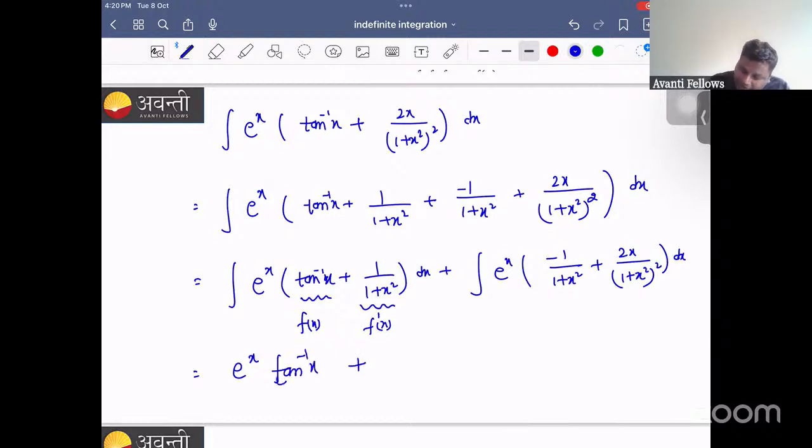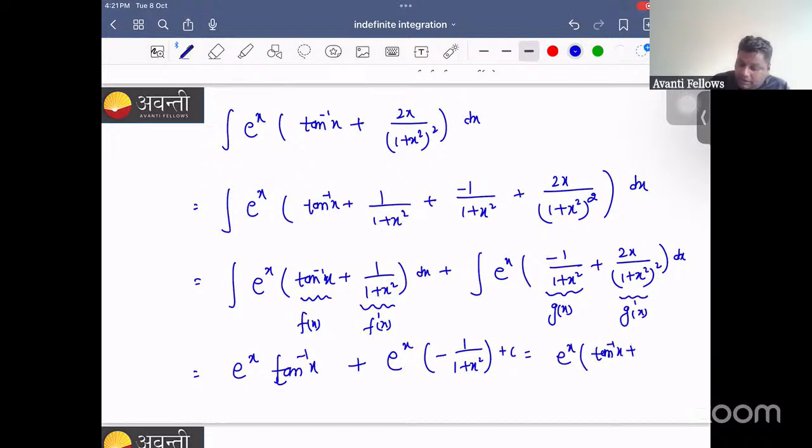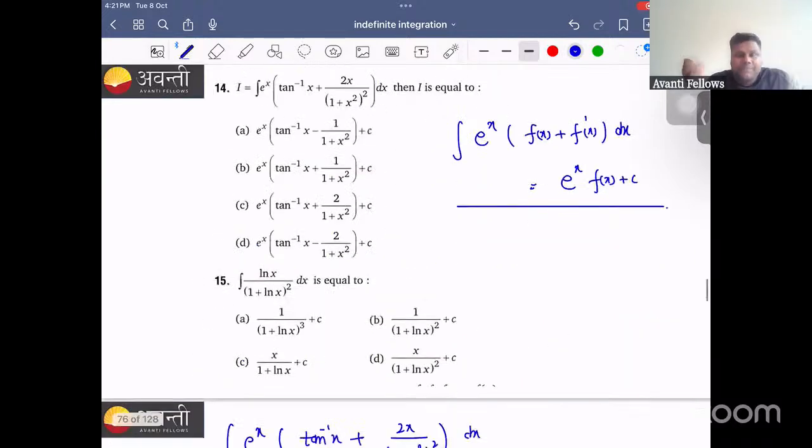Now if I consider this as g(x), this will be its derivative, g'(x). So it is e to the power x g(x), that is minus 1 over 1 plus x square, plus constant. So your answer is e to the power x tan inverse x minus 1 upon 1 plus x square plus constant. So the answer is A. Am I clear?